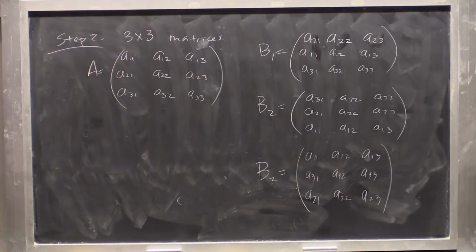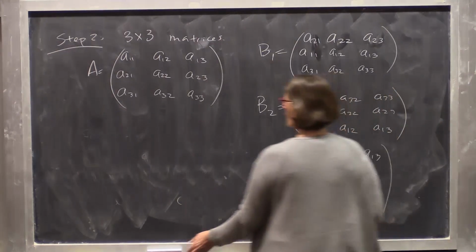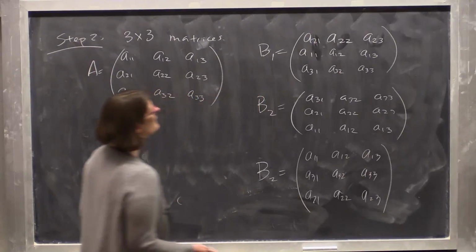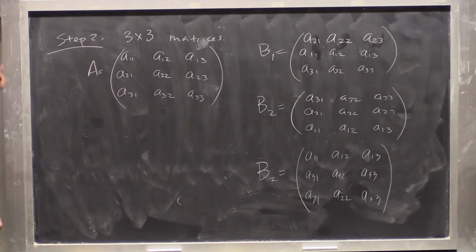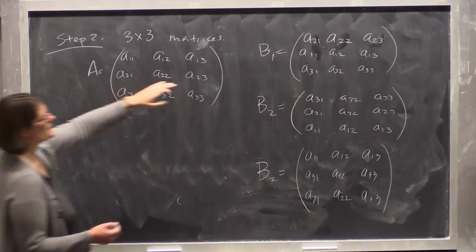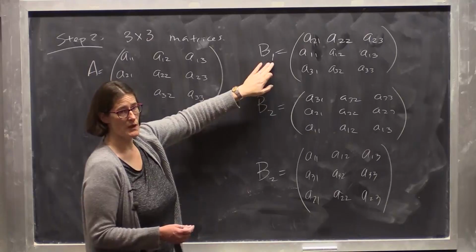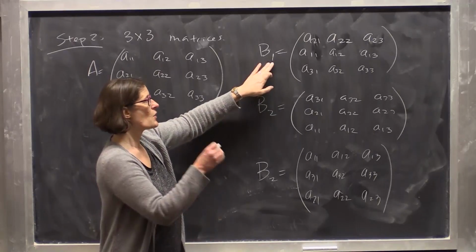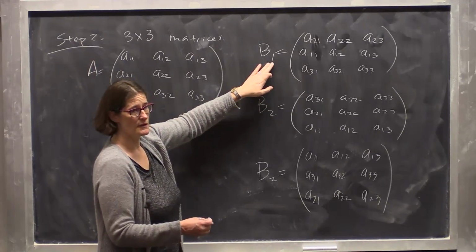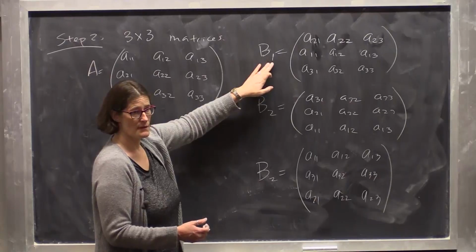All right, those are the three possible swaps. So now I want to use the fact that I know it's true for 2 by 2. Which means that if I'm going to do a cofactor expansion about this one, I want the lower determinants I have to compute not to involve swaps.